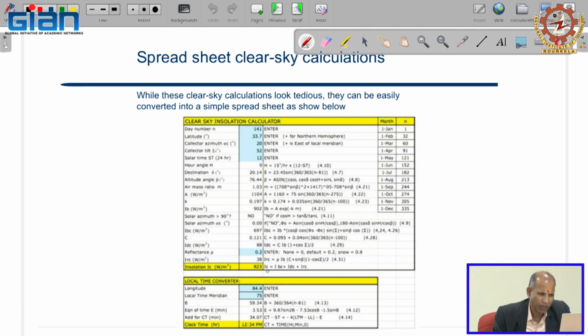The three different parts I explained: IBC beam you get 697, IDC diffuse you get 88, IRC reflected you get 38. So the total of the three gives you the insolation level of 823 watt per meter square.